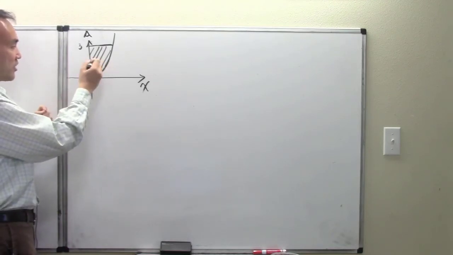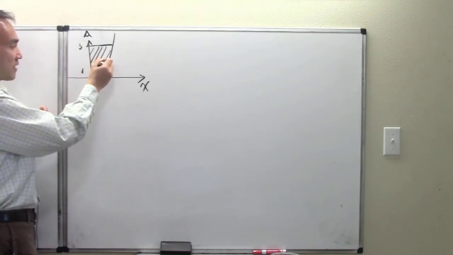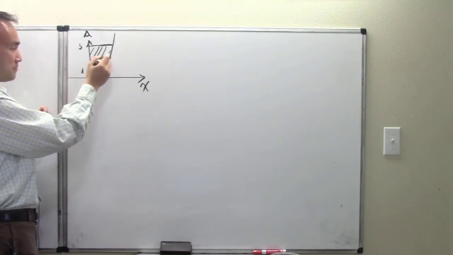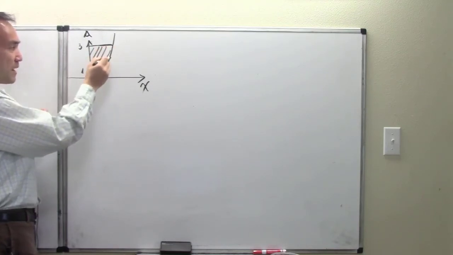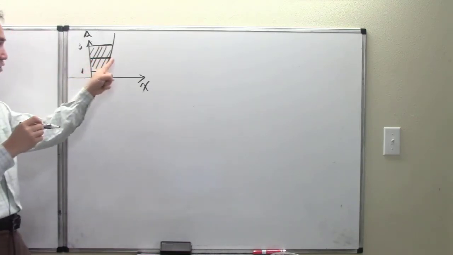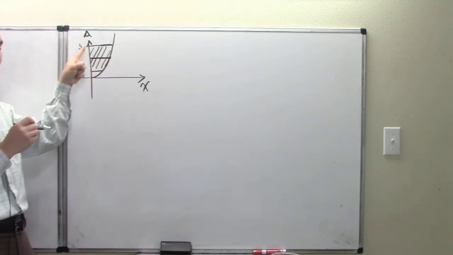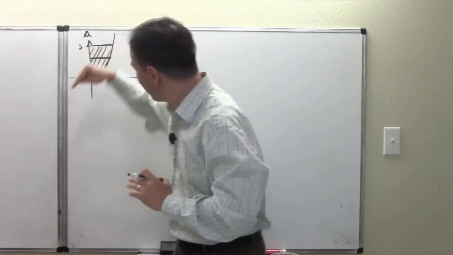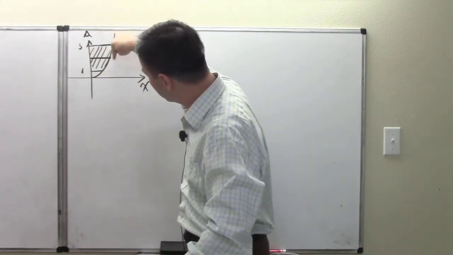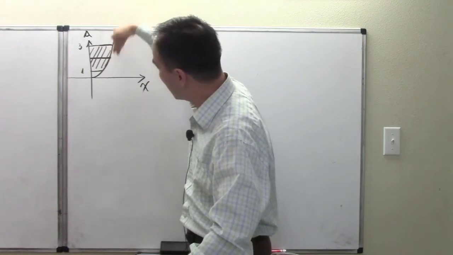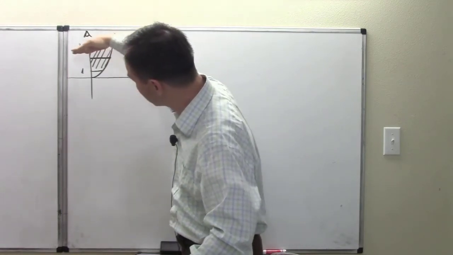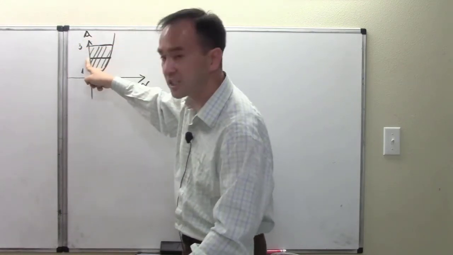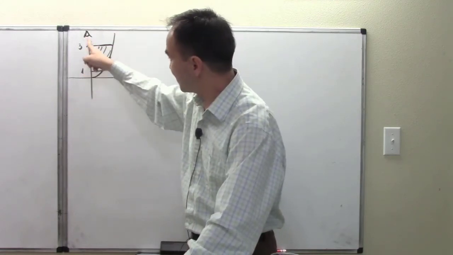Think about drawing a stripe perpendicular from the outer boundary of the region down to the rotation axis, all the way to reach and stop at the rotation axis.